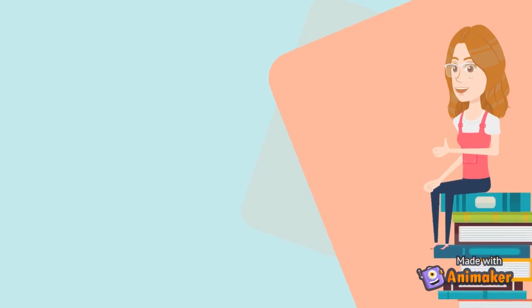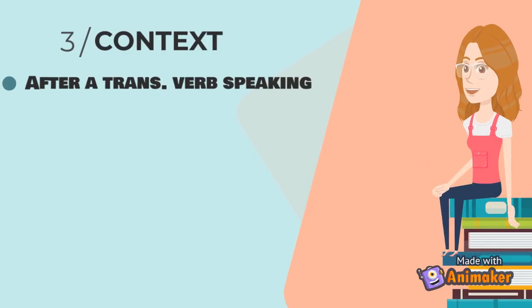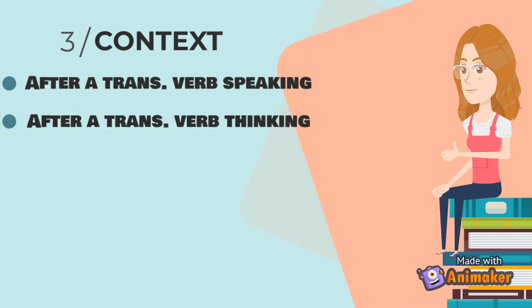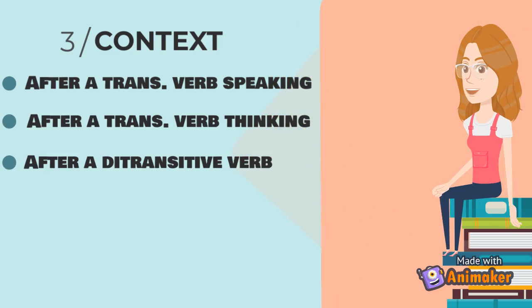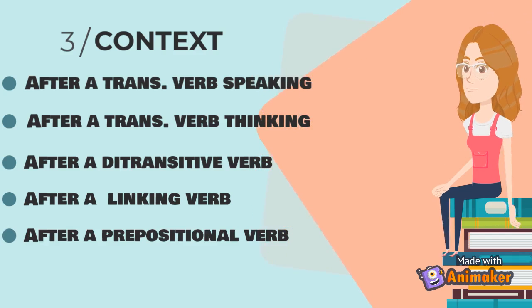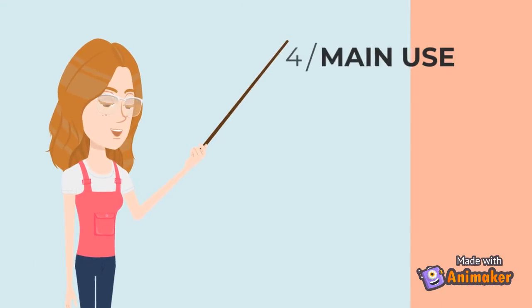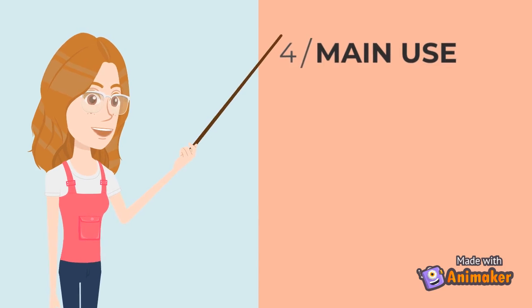Linked to the function, we have the context. It will be after a transitive verb of speaking, after a transitive verb of thinking, after a linking verb, after a prepositional verb, or before a conjugated verb. Our final subcategory is main use.